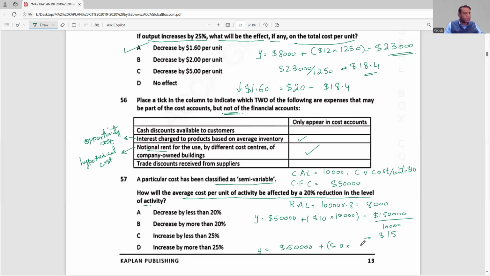Variable cost is 10 per unit, but units are 8,000. So we have 10 into 8,000 plus 50,000, 130,000 divided by 8,000. It is 16.25.